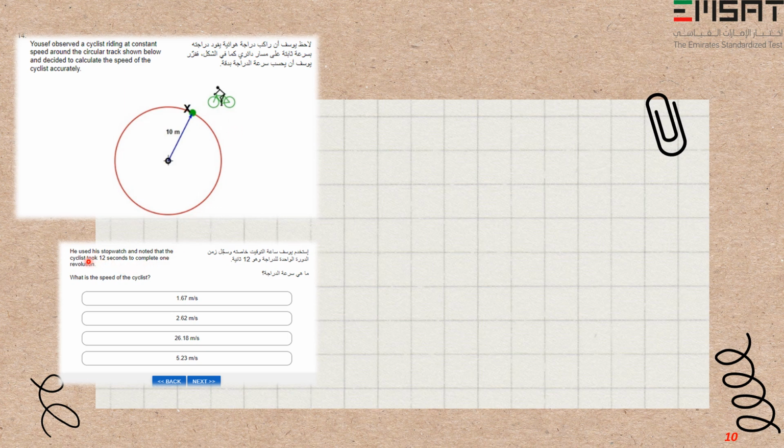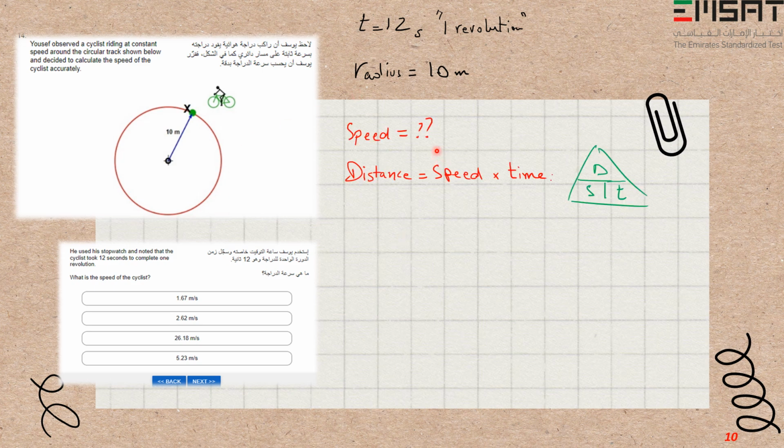So we continue. He used his stopwatch and noted that the cyclist took 12 seconds to complete one revolution. So one revolution means one complete circle in 12 seconds. And the radius of that circle is 10 meters. So we need to calculate the speed. That's what they are asking for.